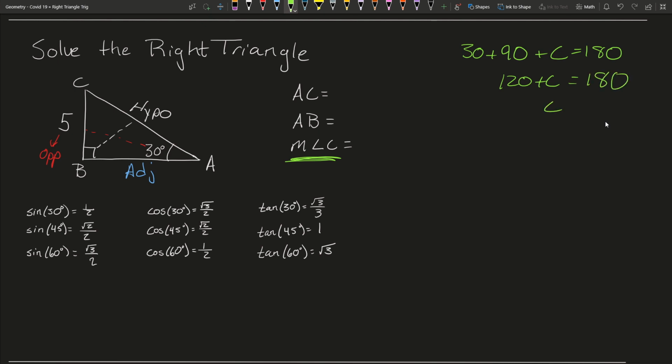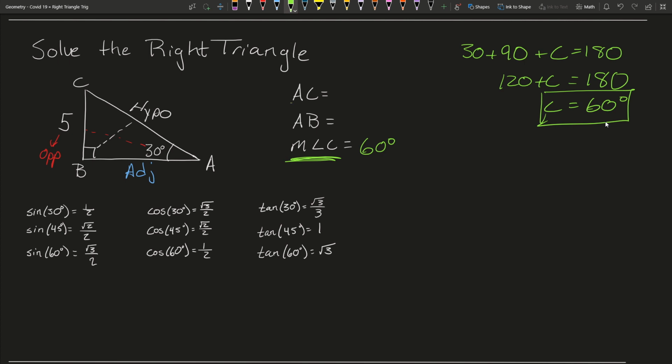So angle C has to equal 60 degrees, because the sum of the measures of any triangle has to add up to 180. In order to find a third angle measure, you just sum all of them together, set them equal to 180, and then do a little bit of algebra. So that's the easy part.